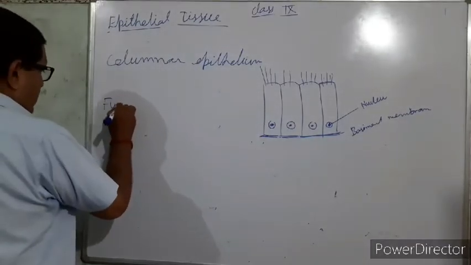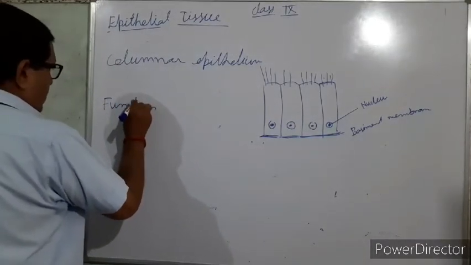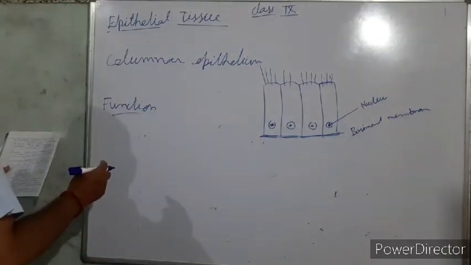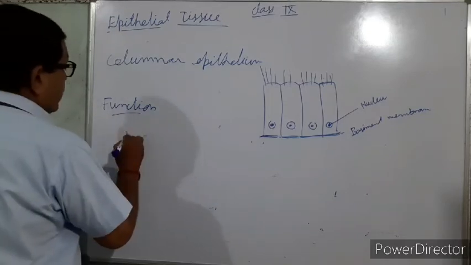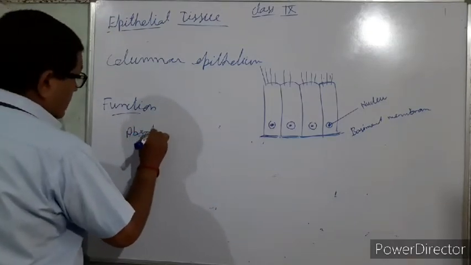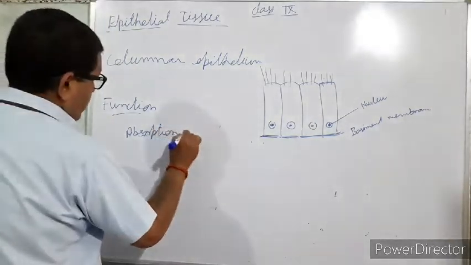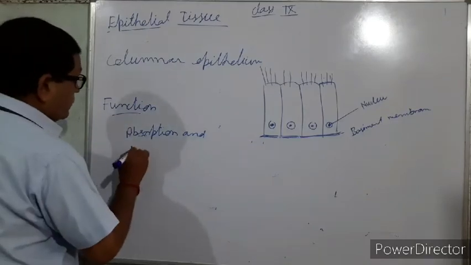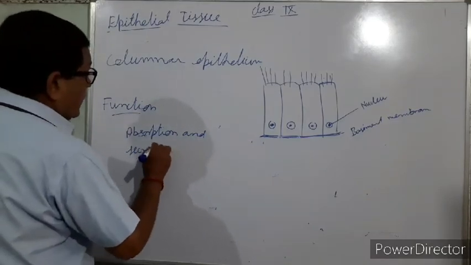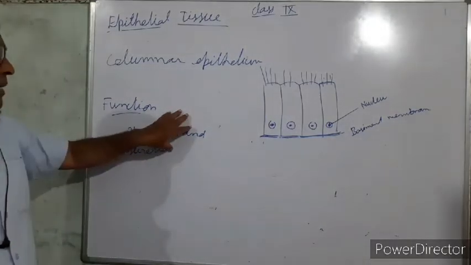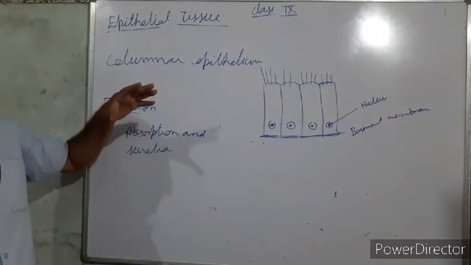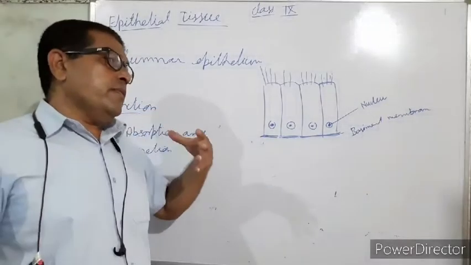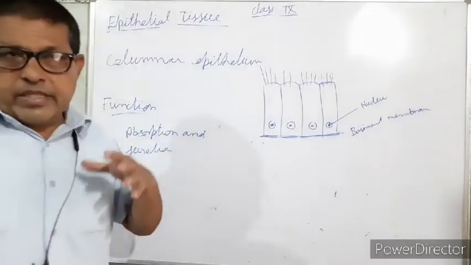The main function is absorption and secretion. They are involved in absorption, since it is found in the alimentary canal, meant for the absorption of food material after digestion.